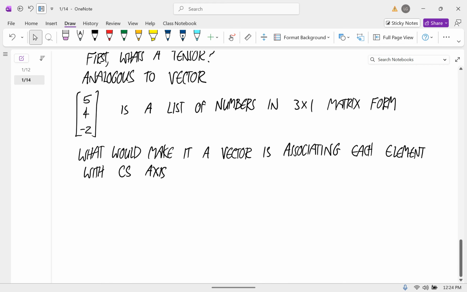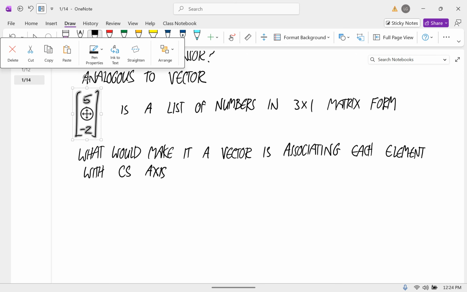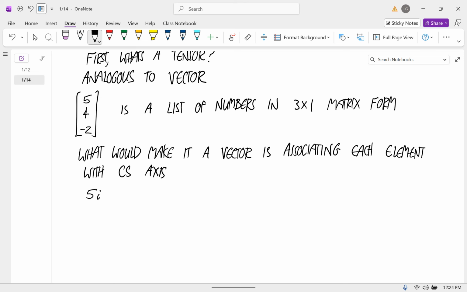Okay, so if we interpret this to mean 5 times i plus 4 times j minus 2 times k, that's a vector.